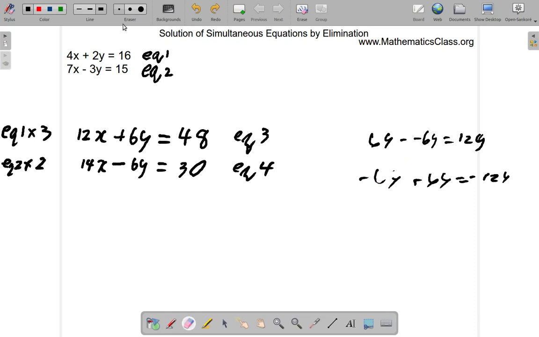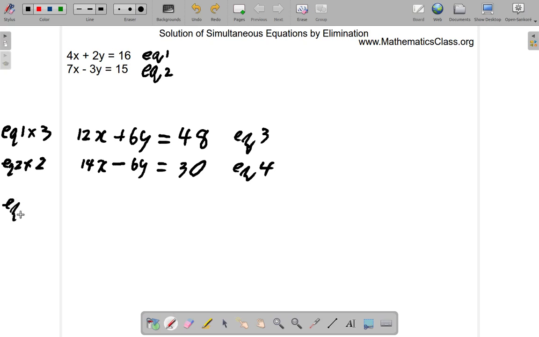What we would have to do is add equations 3 and 4. So let's do that. Equation 3 plus equation 4.